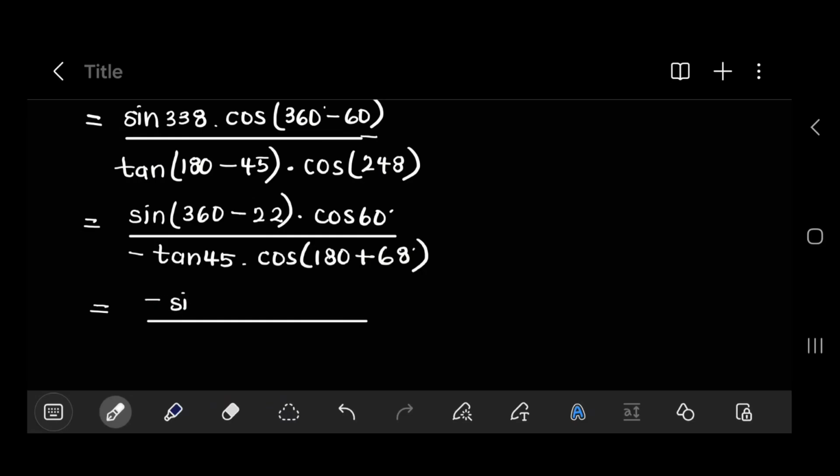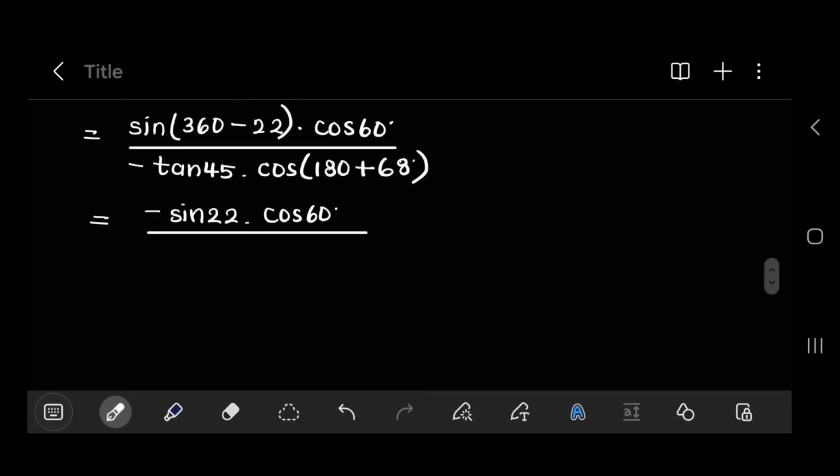So it becomes negative sine 22. I'll leave the cos 60 as is for now because we notice that is a special angle, as well as negative tan 45. That's another special angle. Now reducing here, cos of 180 plus. 180 plus lies in the third quadrant where cos is negative. So it becomes negative cos 68.